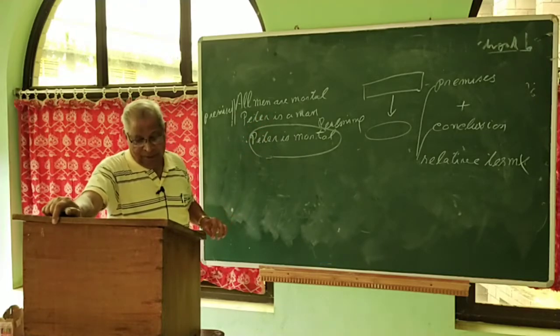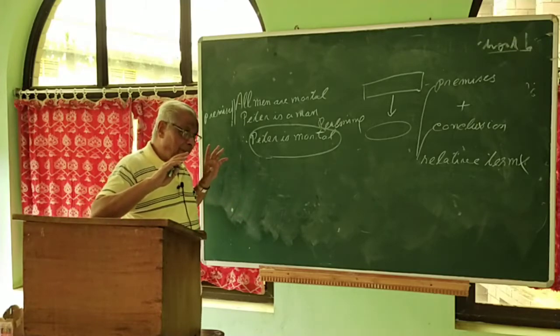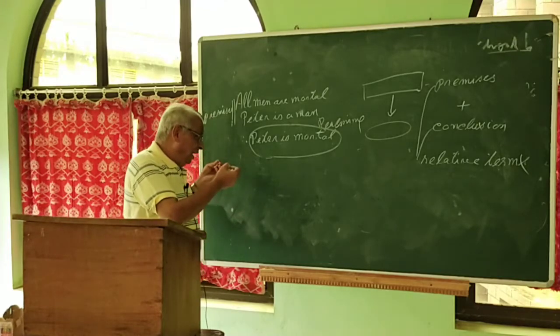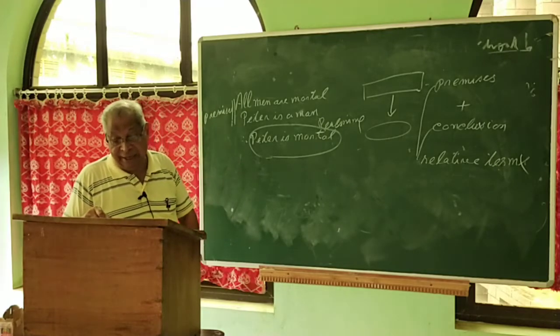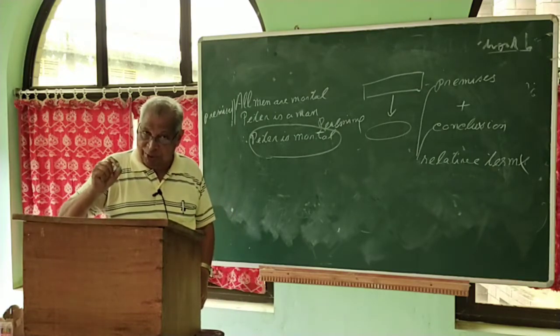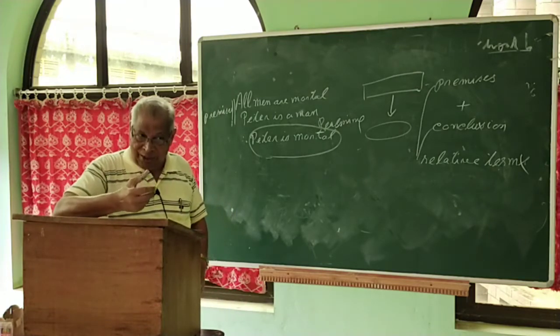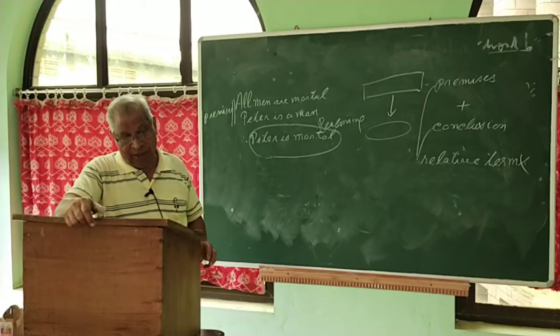Besides, if you are not able to understand which is the conclusion, sometimes some indicators are there, but they are not the important ones. As logicians, from the context, we must be able to find out what is the conclusion and what is the premise.